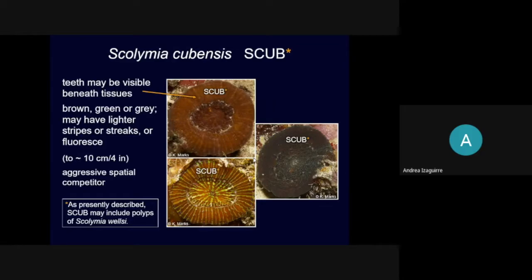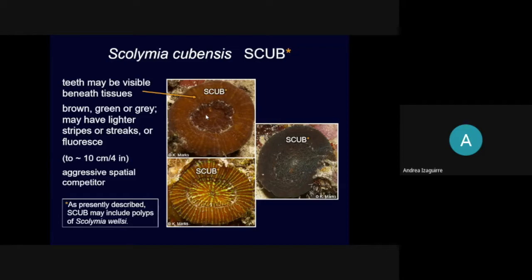Our first one is going to be our Scolymia cubensis, and it's going to have teeth visible beneath the tissue, so not on the tissue itself, like all of the ones that we were seeing before, but you can see it under that fleshy tissue. Another thing is that it's going to be free living, or alone, so one single mouth with nothing else around it.